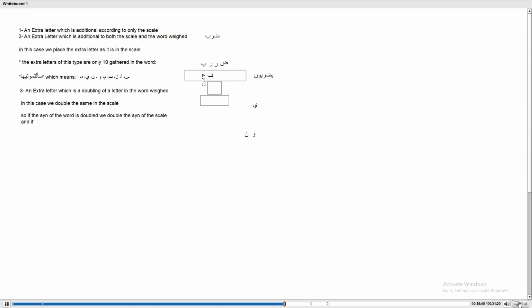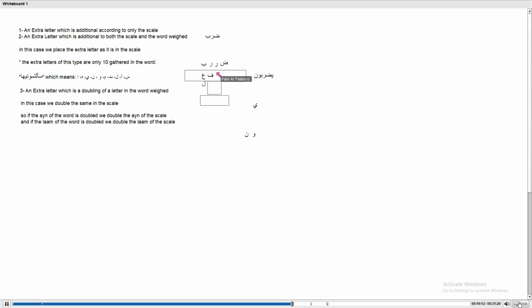And if the lam of the word is doubled, we double the lam of the scale. Yes. Okay. So here in this example, Bad, Ra, Ba, what was doubled?